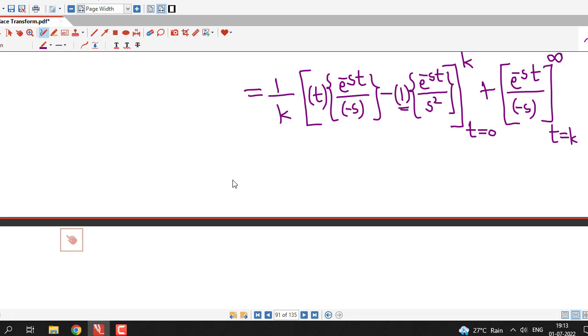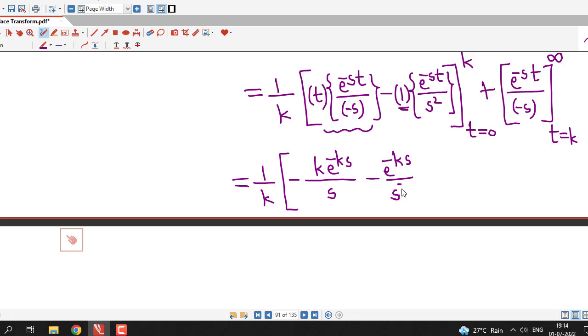Now we put the limits for both the integrals. For this first integral, first we put t equal to k. So in this term, if we put t equal to k, we have k times e raised to minus ks divided by s minus e raised to minus ks divided by s square. This is for the upper limit t equal to k. For the lower limit we have to put a negative sign, upper limit minus lower limit.